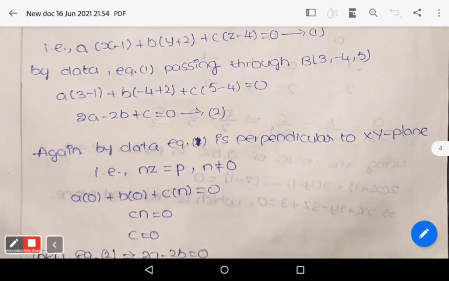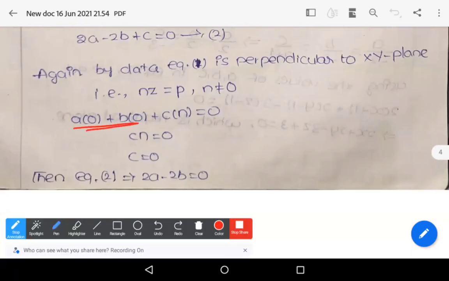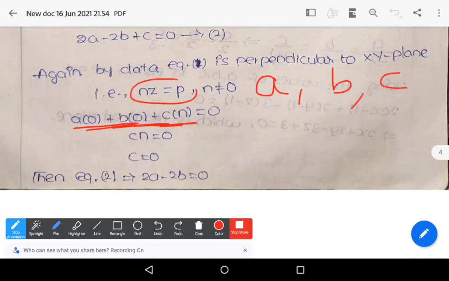So apply the perpendicularity condition: a into 0 plus b into 0 plus c into n is equal to 0. From equation 1, you can take a, b, c. From Nz = p, you can take 0, 0, n.